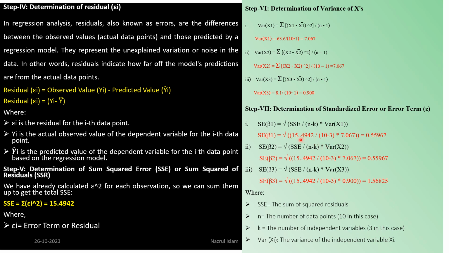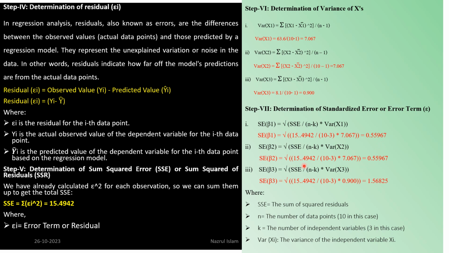So we get the SSE here as well as in the table, that's 15.4942 divided by 10 minus 3 multiplied by variances of x's, and we will get the result 0.55967.